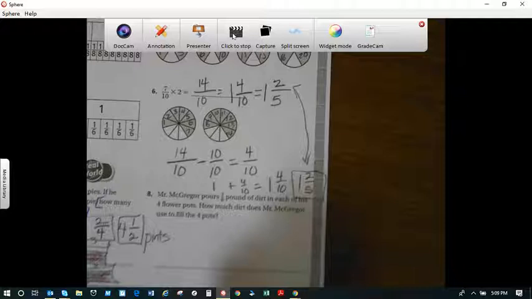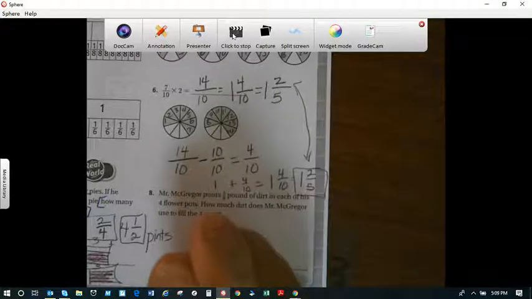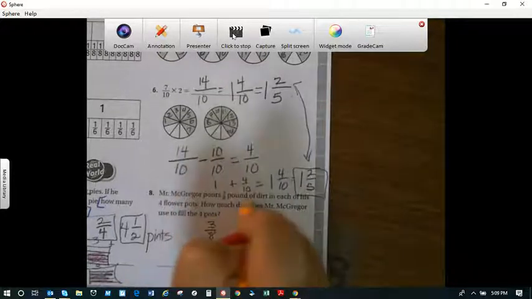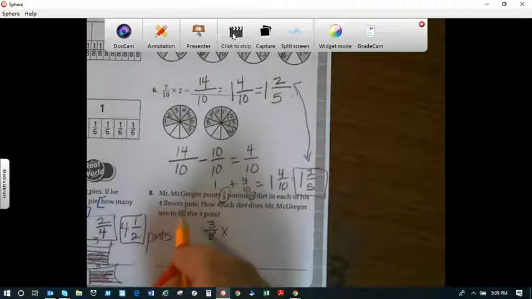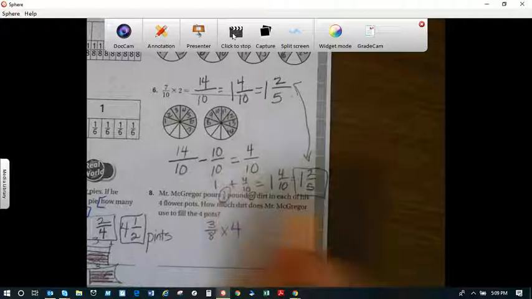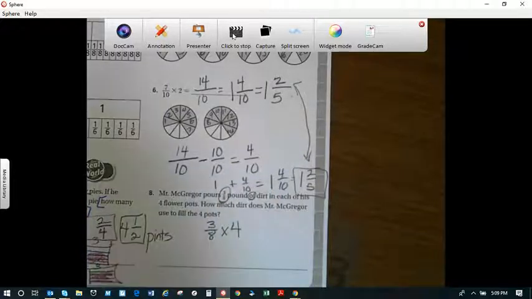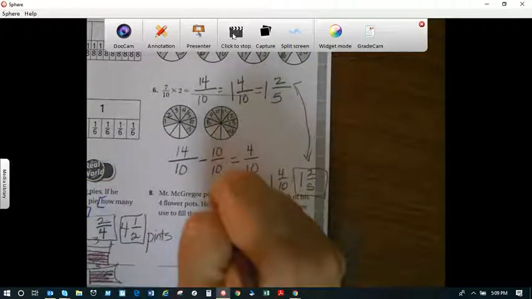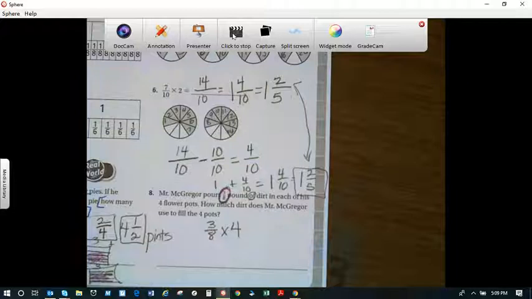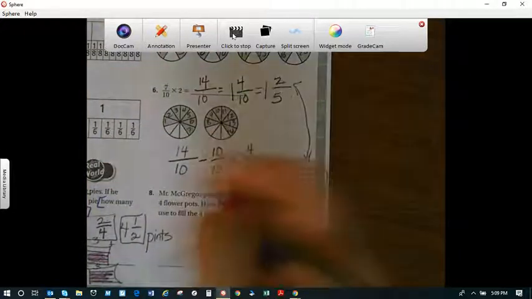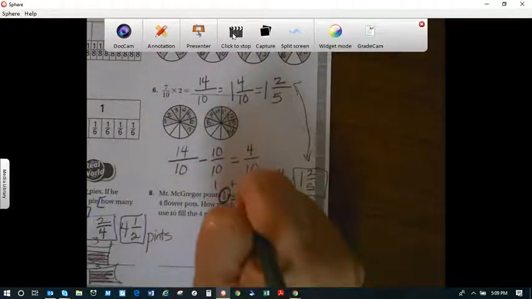Okay, so my equation is 3/8 pound of 4 pots. I should have circled this one. I'll use purple here. I'll change out my colors tomorrow, and I'll do your key. 3/8 pounds of is the key word.